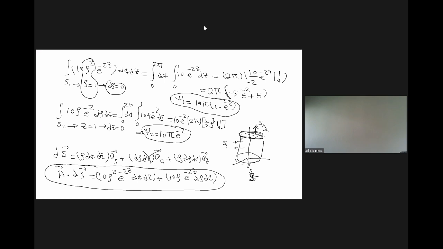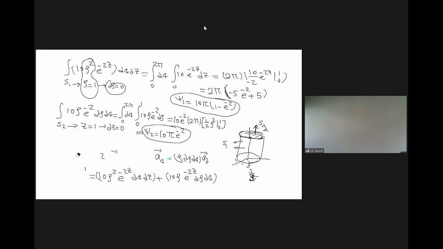Okay. Now, let me erase this part. The next integral is kind of important. Remember, for the next integral, z is 0.